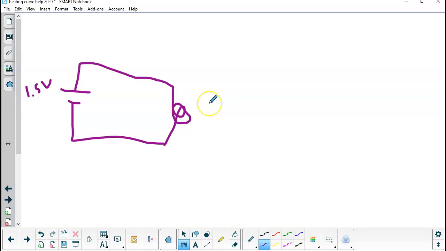Okay, now if this light bulb has, say, 2 ohms of resistance, then this circuit, if I want to figure out the current going through, I would take my voltage, 1.5 volts, and divide it by my resistance, which is 2, and that's going to give me 0.75 amps of current.